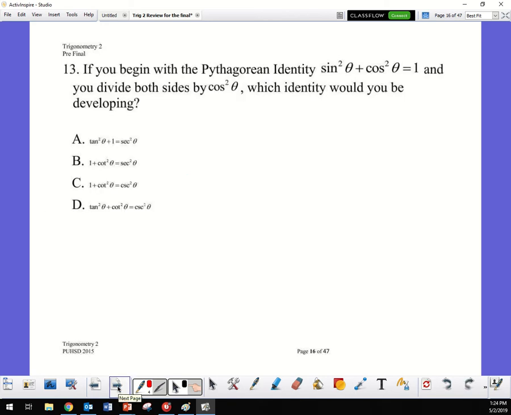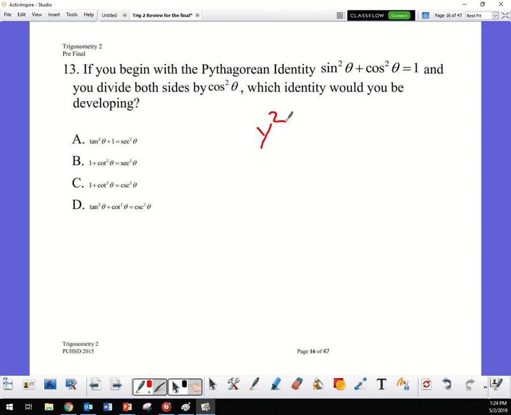Okay, let's take a look right here, please. On this one it says, if you begin with the Pythagorean Theorem of sine squared plus cosine squared equals 1, and you divide both sides by cosine squared, which identity do you get? So, I'm going to go back to the x and y's. Sine was y, right?